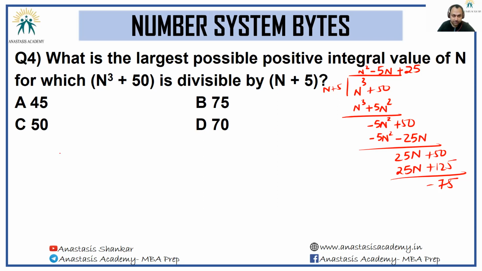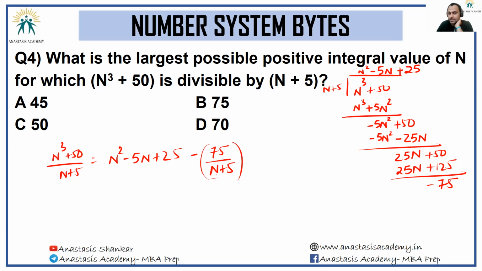So this expression, n cube plus 50 by n plus 5, is equal to n square minus 5n plus 25 minus 75 by n plus 5. And what is the largest possible value of n such that this expression remains integral? n has to be 70, and then you can go ahead and mark your answer, option D. This is the technical way of doing it.